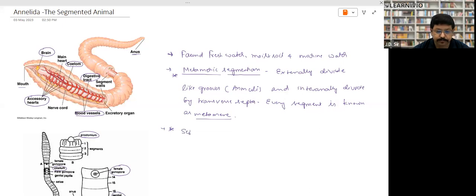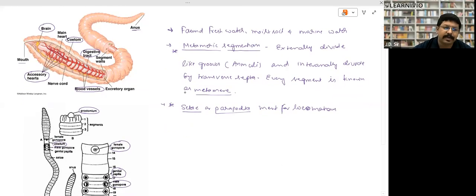So CT or parapodia meant for locomotion. So what is the CT? CT is something like hair-like structure found in the lower surface. Parapodia, they are something like leg-like structure.